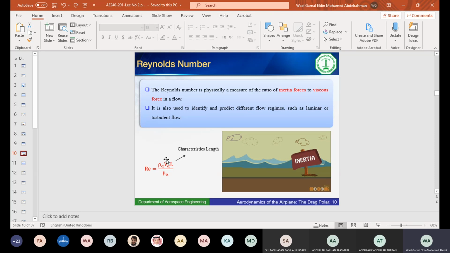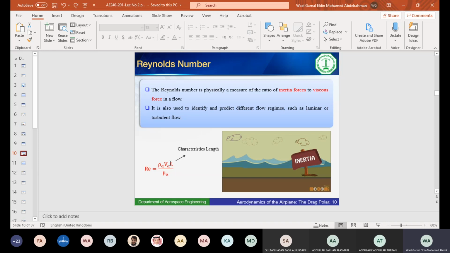So that's what we have in the numerator, everything that wants air to move faster around the object. Whereas down there, we have the viscous forces, everything that slows the air down. So it's a ratio between the inertia forces and the viscous forces of air around that body. So the higher the Reynolds number, that means air wants to rush and go faster around the object.